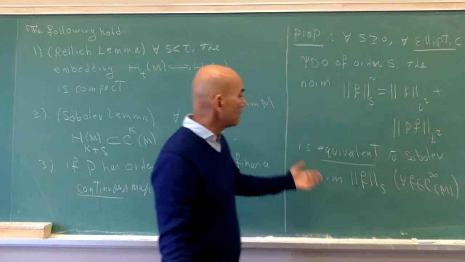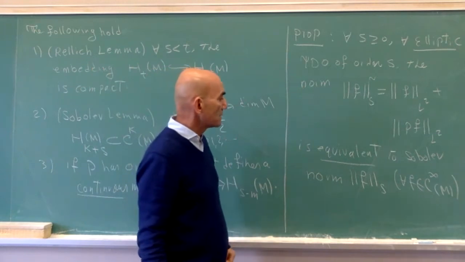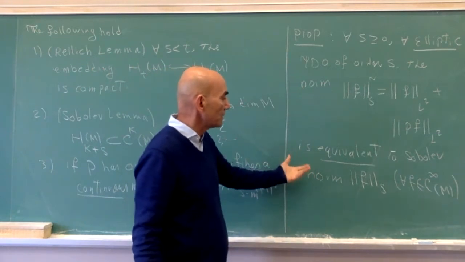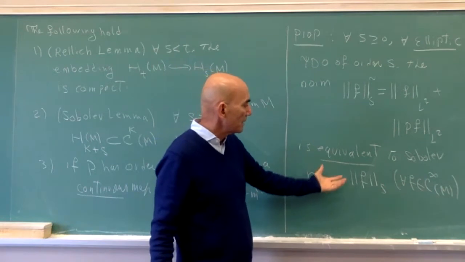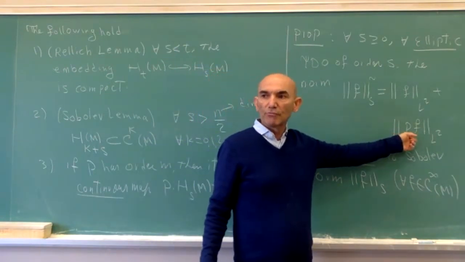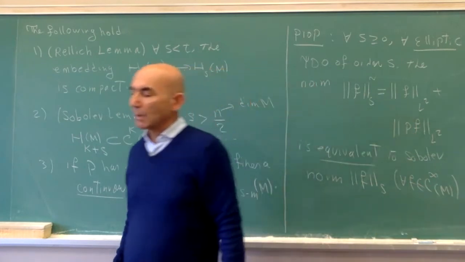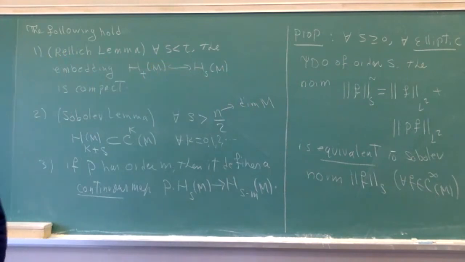So what is the point of this proposition? The point is that you can define these Sobolev norms using elliptic pseudos of order s with this formulation. And the proof of this result, amazingly, is not so easy. It needs this regularity theorem that I proved last lecture.